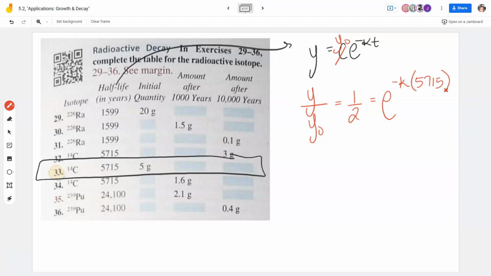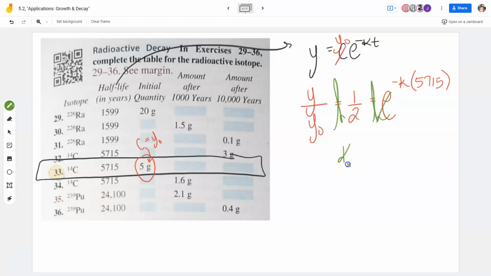And I can even do something else, like maybe say, oh hey, guess what? I also know my c, or my y sub naught, is equal to 5 grams. So I can take my clues and play around with things like logarithms.